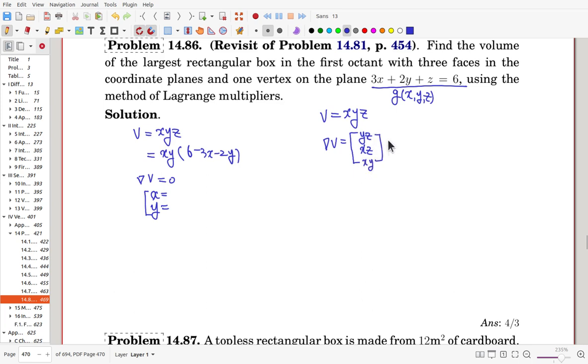Right? That is the same as lambda times the gradient of g. The x derivative is 3, the y derivative is 2, the z derivative is 1. Right? Okay, we have to solve this problem.